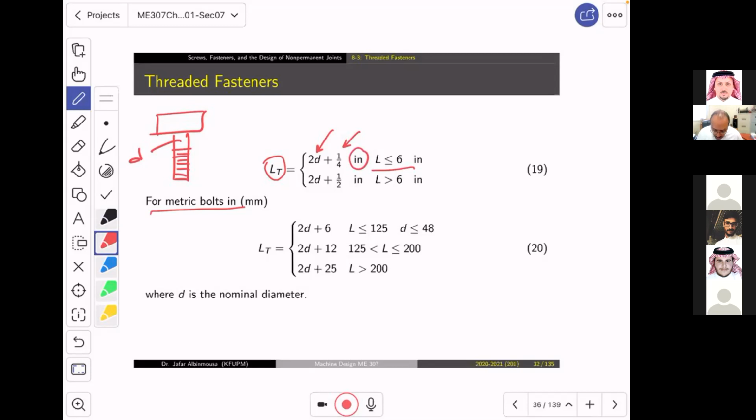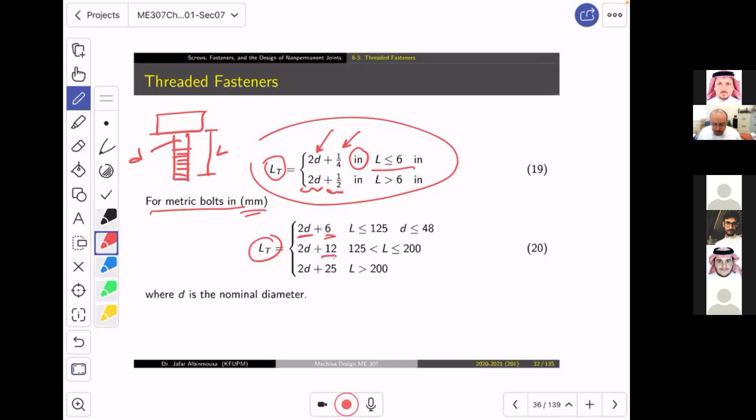If the bolt has a length of more than 6 inches, then you multiply the diameter of the bolt by 2 and you add half to it. In millimeters, you multiply by 2 and you add 6 if the total length of the bolt is less than 125 millimeters and the diameter is less than 48 millimeters.